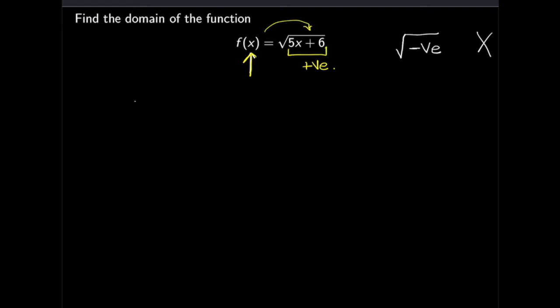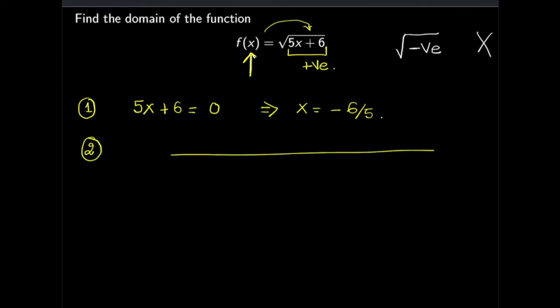There is a mathematical way, step by step. If I take what is inside of the square root and set it equal to 0, that gives me x equals minus 6 over 5. And this is step number 1. In step number 2, I will do the line test.